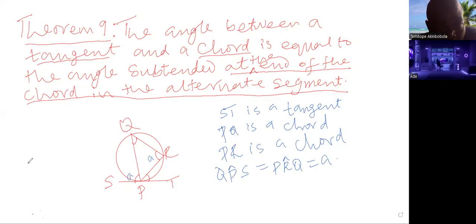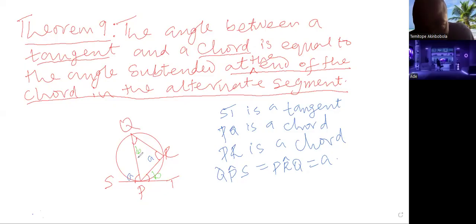So let me change color. I want to put another angle here. Let me take green. So this angle here is B. So this here will also be B, because chord PR is making angle B with the tangent ST. So the alternate chord to that is chord PQ.